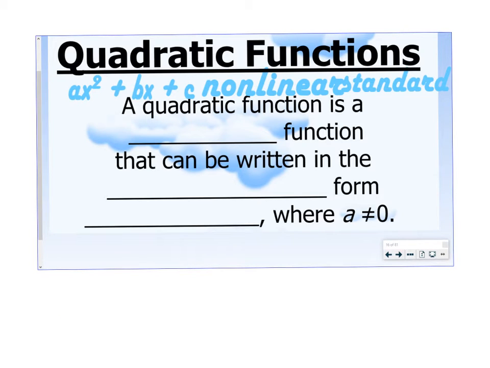So we're leading up to a full quadratic, and a quadratic function is a nonlinear function. And so nonlinear means it's not a line. And typically, it is written in the formula ax squared plus bx plus c.